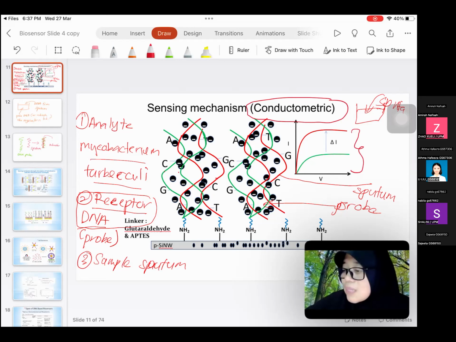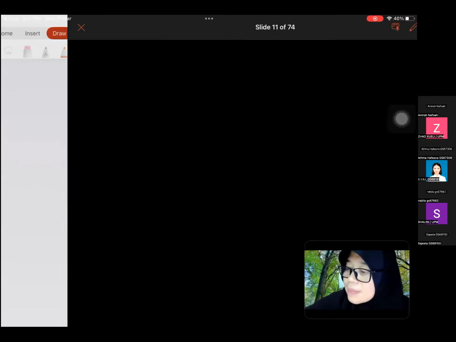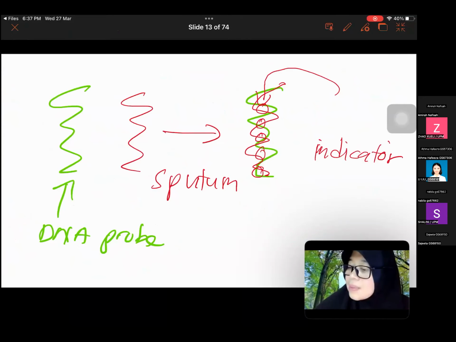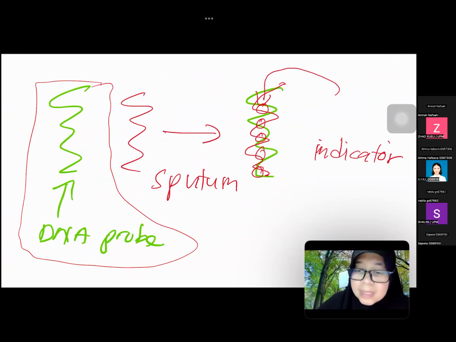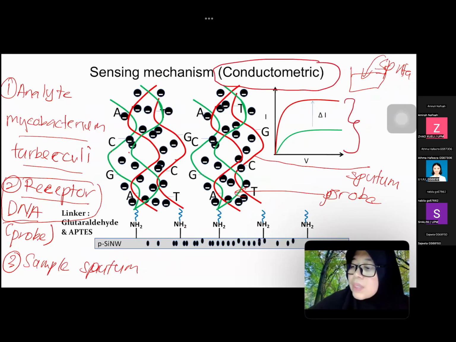So you can see here, if there is only green, because I haven't put the DNA extracted from sputum in the beaker, you can see this is the reading.